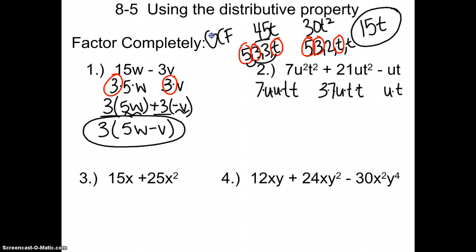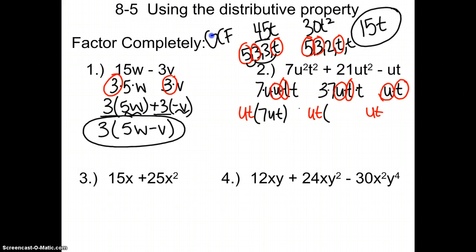So if you start with the smallest term, we have a u in each term, and we also have a t in each term. So we're going to be able to factor out a u and t from each term. So from our first term, we have a ut, our second term ut, and our third term ut. And what we have left in the first term is a 7ut.